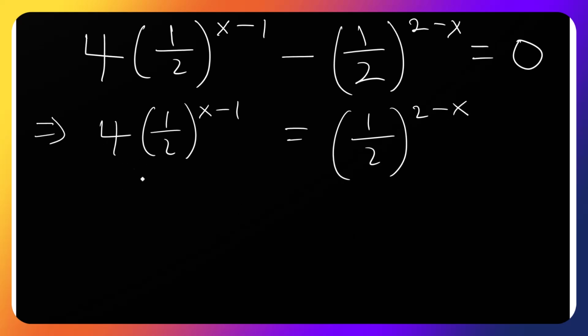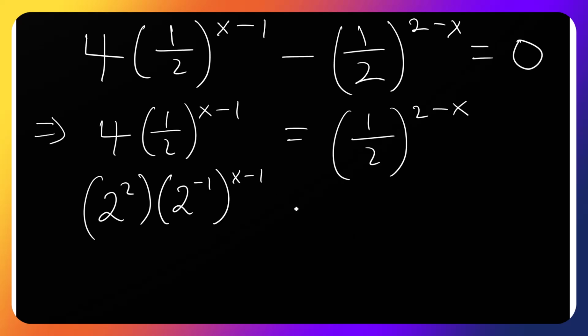So 4 here is the same as 2 squared. Okay, you have this. And I would like to write everything in linear form so that this one will match with this. So I will say half is 2 to the power of minus 1. I have x minus 1. And this side will be 2 to the power of minus 1, 2 minus x.